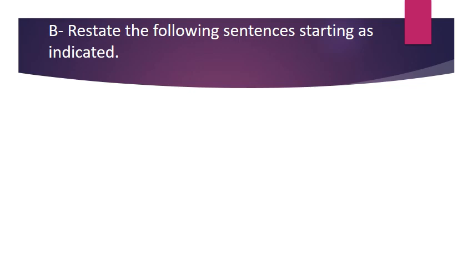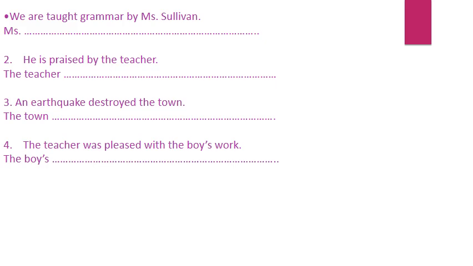Restate the following sentences starting as indicated. You look at the beginning of the sentence, and you complete the sentence in a way that doesn't affect the meaning of the sentence or the tense of the verb. Here we have to do with active and passive voice. The active voice describes a sentence where the subject performs the action stated by the verb, and it follows a clear subject-verb-object construct that's easy to read.